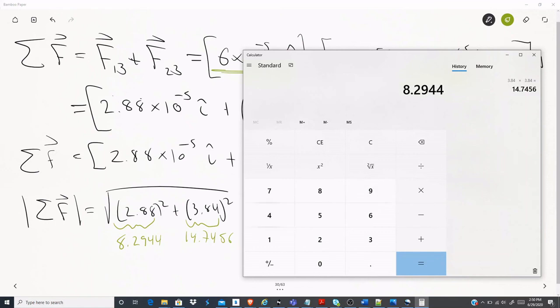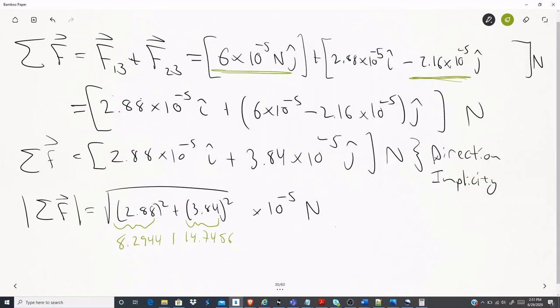Notice I'm not rounding anything at all because this is just a mathematical step. So I don't want to lose anything by rounding in a mathematical operation. I only want to round when I have my final answer. Okay, so when I add those two numbers, I get 23.04.